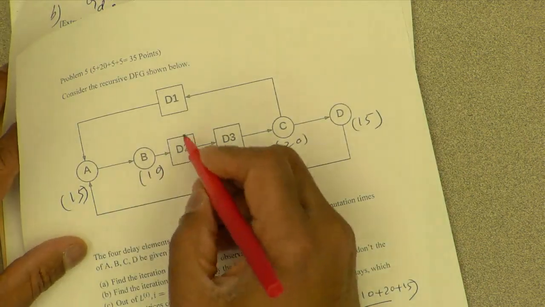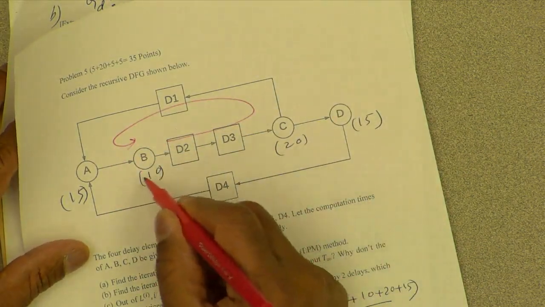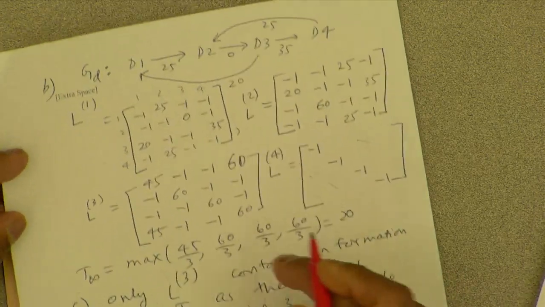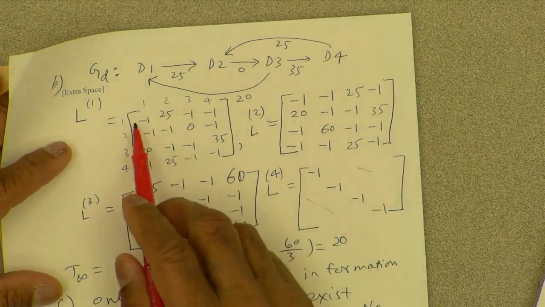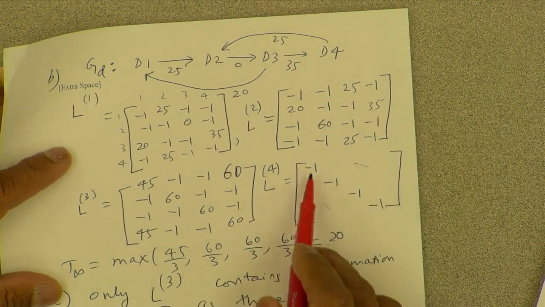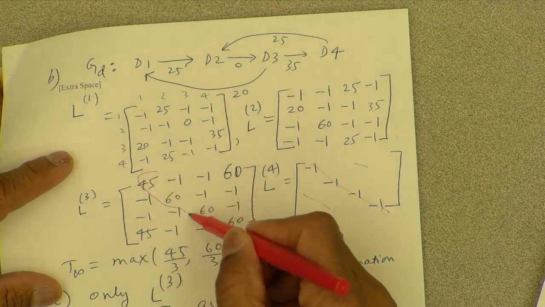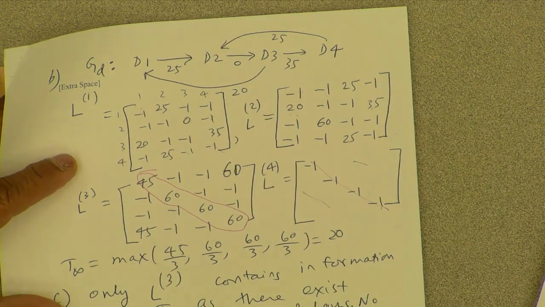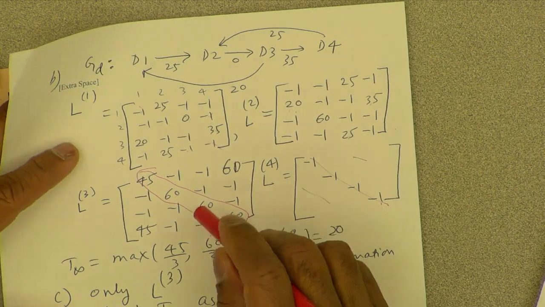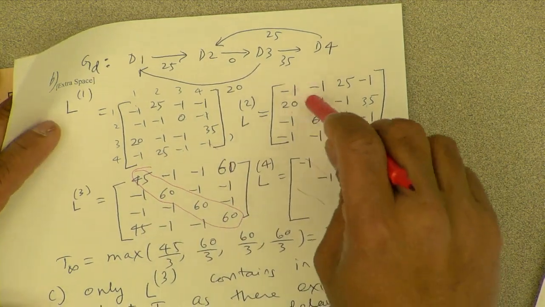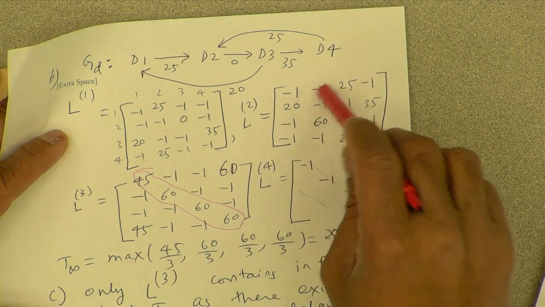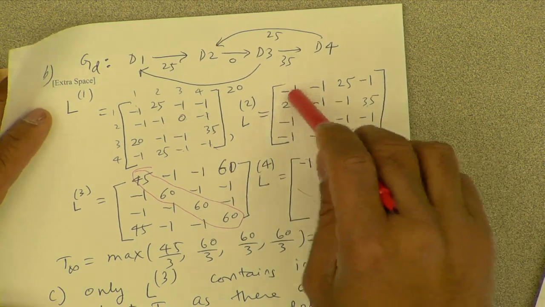So this one, I think some of you made a few mistakes. There were 2 loops with 3 delays each. Because of that, everything is -1. Some of you computed wrongly, but the only information on the loops is in L3, because that's when the loops are completed. If I had some loop with 2 delays, I would get some non-zero entry in the diagonal element in L2.